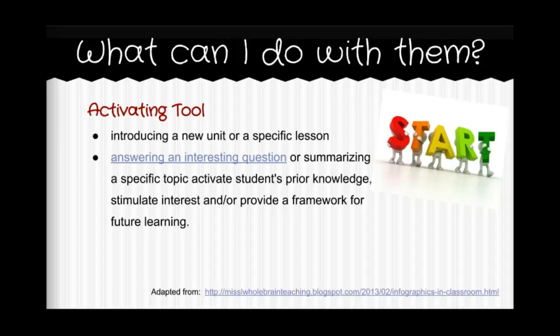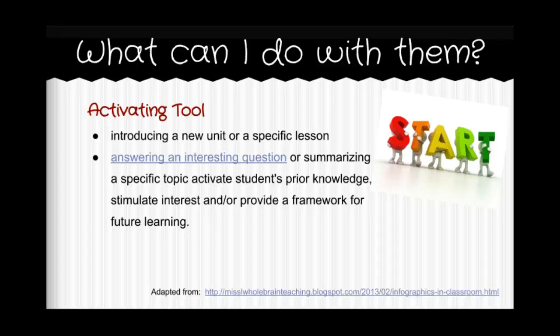As an activating tool, infographics can help you introduce a new unit or a specific lesson. Most good quality infographics do a great job of answering an interesting question or summarizing a specific topic. For example, infographics may be titled Hurricane Irene, Overwhelming or Overblown, or Anatomy of a Hurricane.